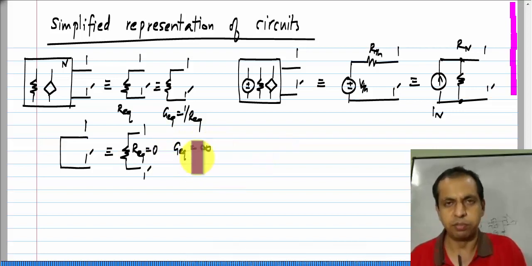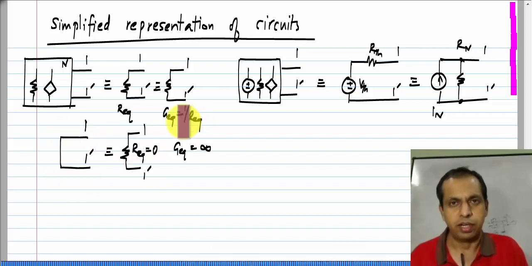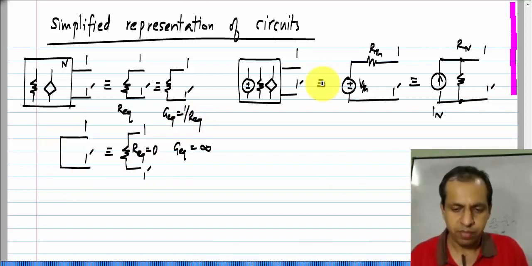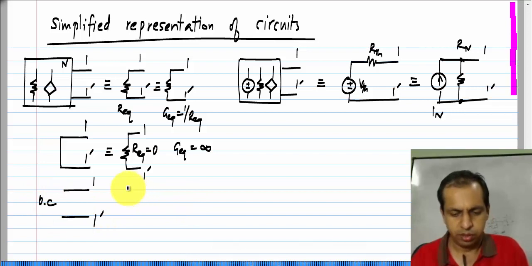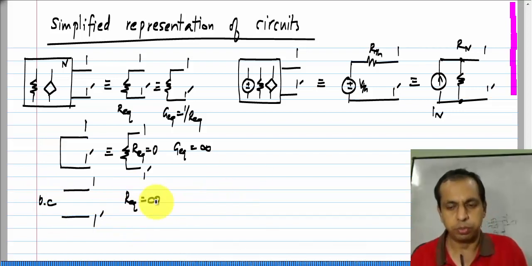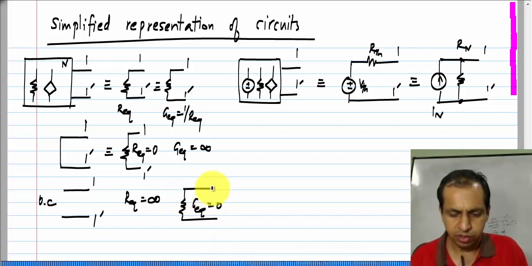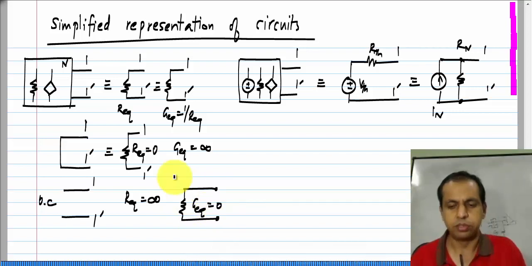So, this is a very simple example of why specifying resistance or conductance can be useful, and also you can see why in this particular case only one of them has a finite value. Similarly, when you have an open circuit between 1 and 1 prime, the resistance is infinity. So, it is not useful to specify it this way, but you can specify it as a conductance whose value is 0. So, it means the same thing.